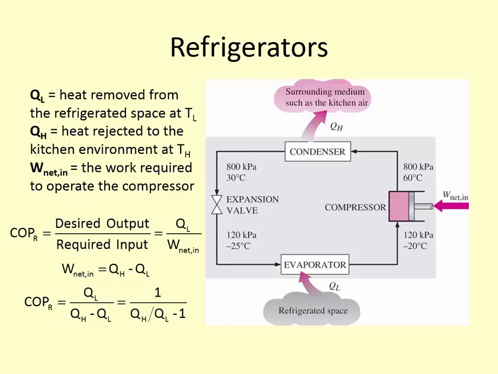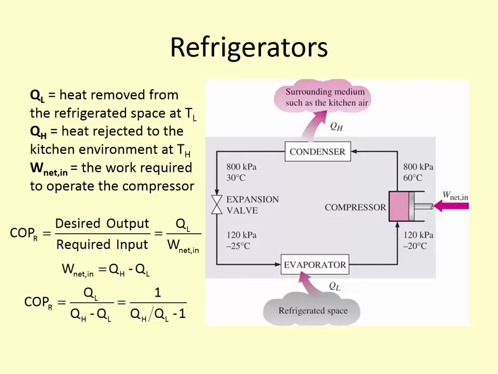So we can also rewrite the coefficient of performance as Q sub L over Q sub H minus Q sub L, if we substitute in the fact that the work net in, performing an energy balance on this entire system, is equal to Q sub H minus Q sub L. So those are our only two inputs, Q sub L and work in, and then we have an output of Q sub H, which is equal to Q sub L plus the work net in.